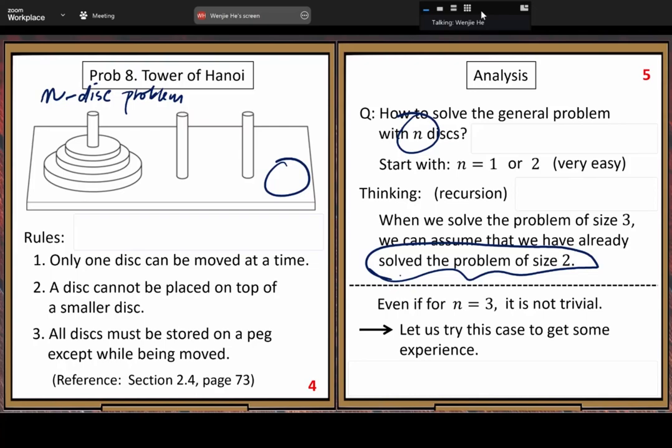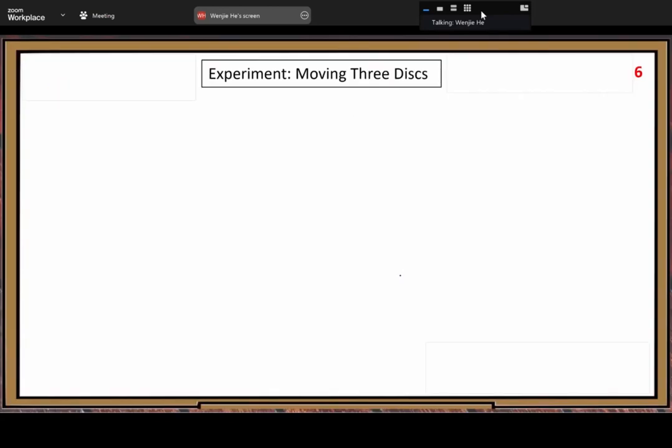We need to do some hands-on work. Here, I do not have a concrete puzzle to let you do, so let's do it on PowerPoint slides. Let's move our disks on my PowerPoint slides.